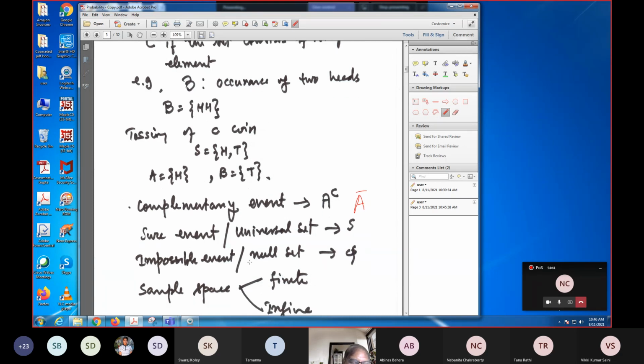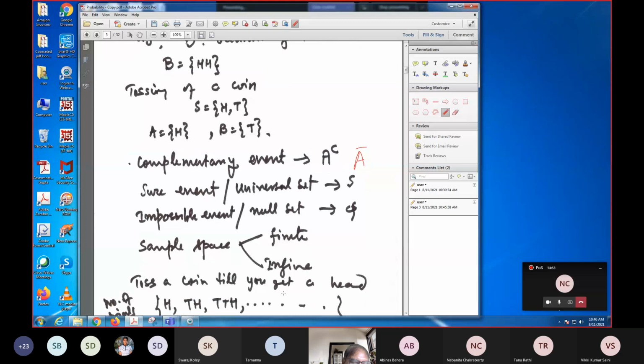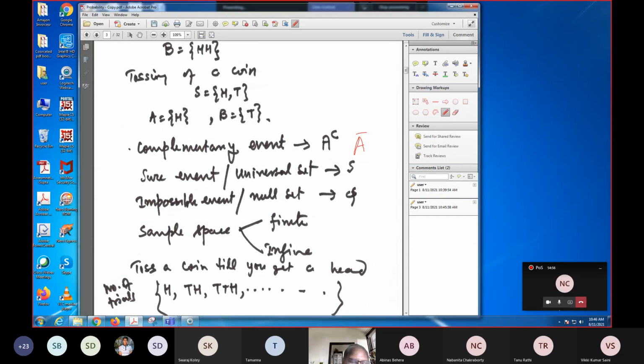Then we have sample space, which could be finite, which could be infinite. If the number of elements in the sample space is finite, we call it finite, otherwise it is called infinite sample space. Say for example, toss a coin till you get a head. And if you are interested in the number of trials needed to get a head, because in the very first trial you can get a head.